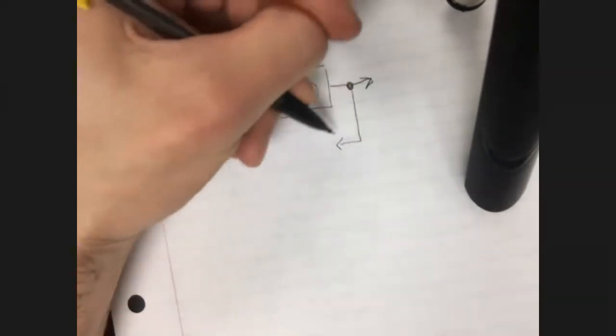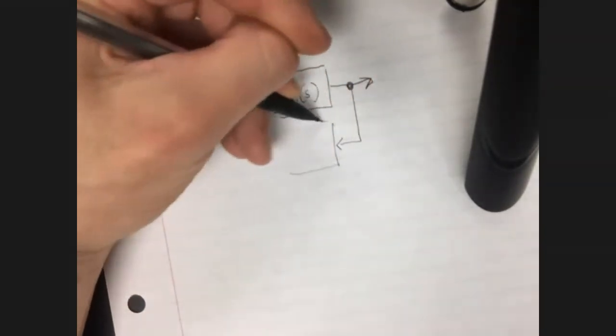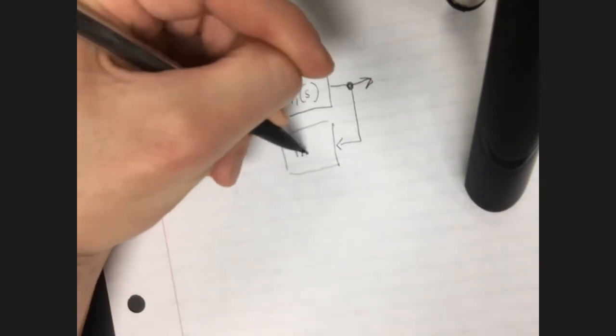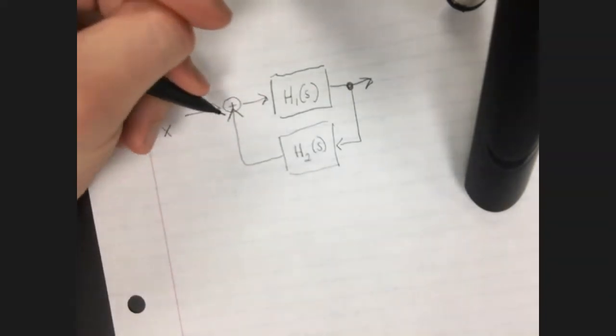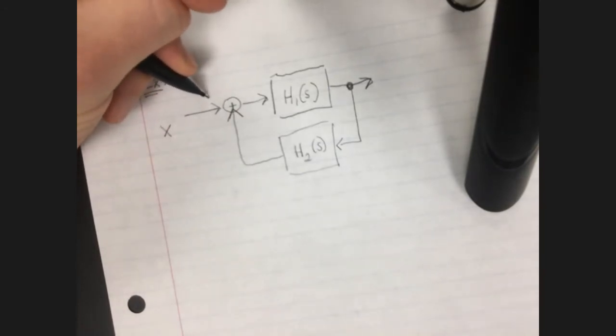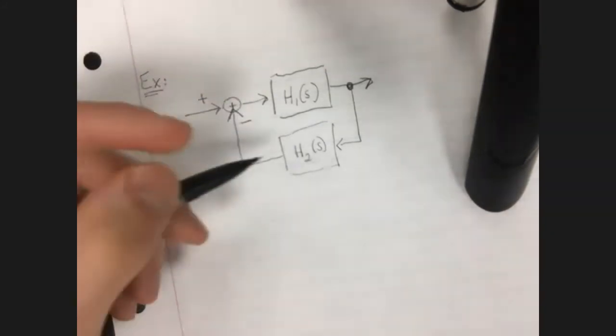But then this thing is going to split and come back this way through H2. And H2 is going to go right there. Let's say furthermore that this X is going right here with a positive sign. This is going right there with a negative sign.